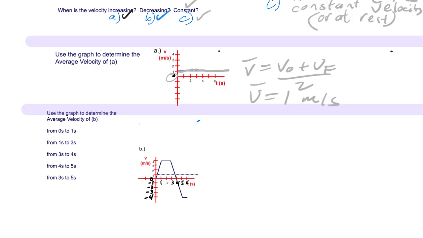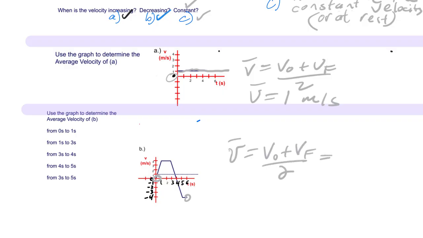Determine the average velocity of B. Okay, so for the whole trip, so I go from here to there. So the average velocity equals VO plus VF divided by 2.